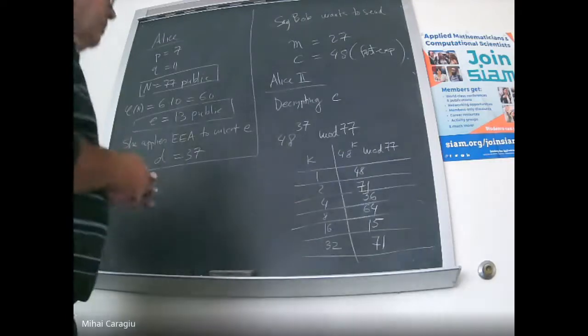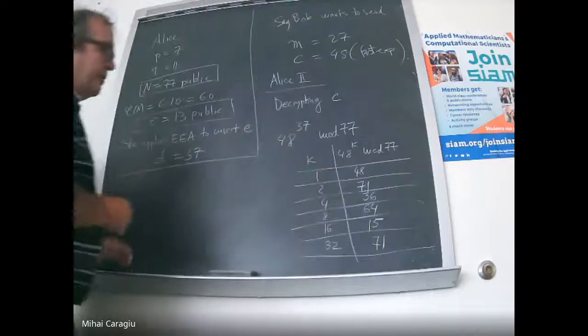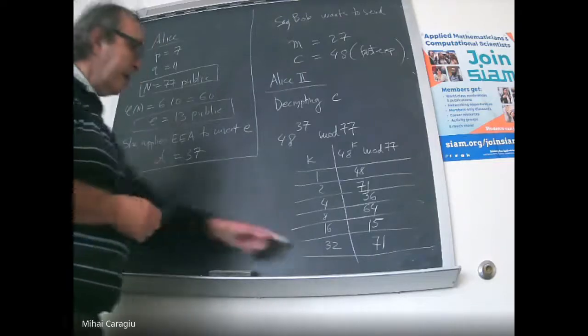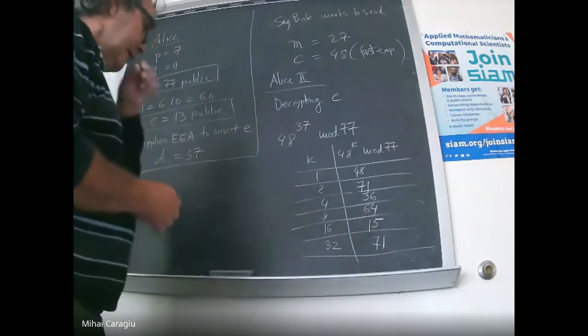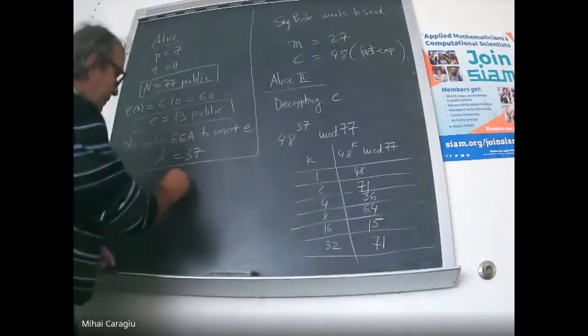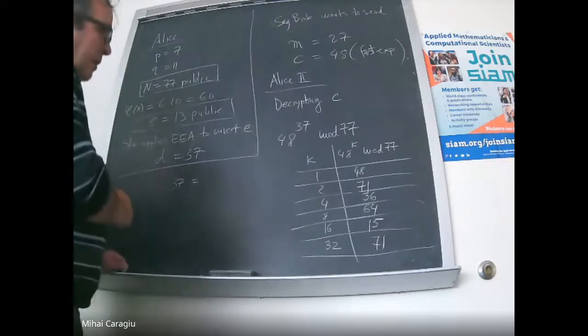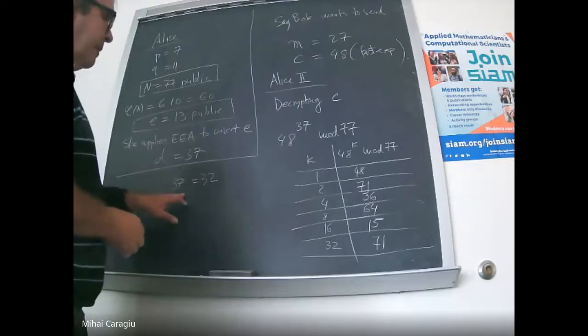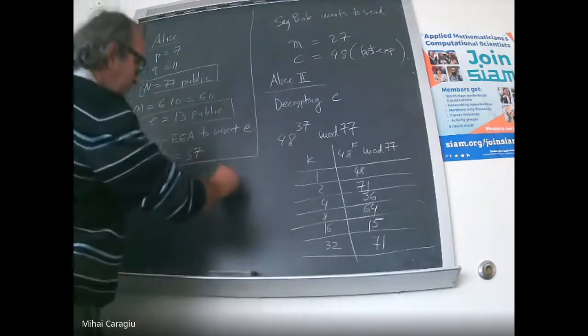Okay, so that's the first step. The second step: express 37 in base 2, which can be rephrased as the greedy algorithm with those powers of 2. So 37 equals 32. What's left is 5, right? Pick from here a 4.